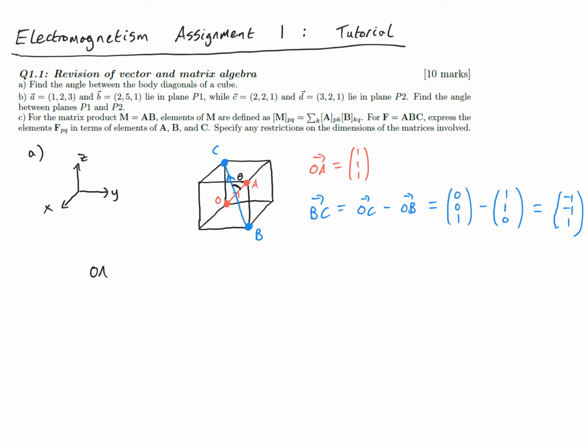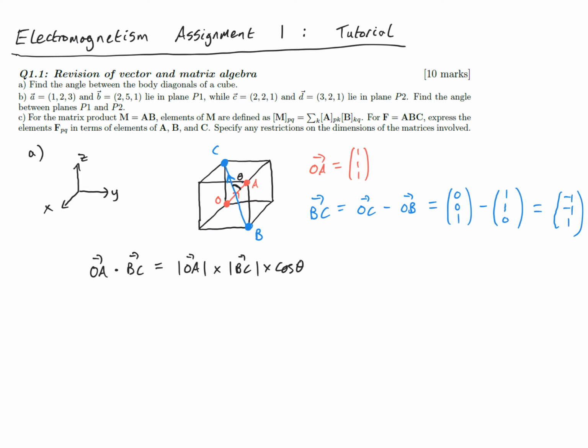So if I take OA, and I dot it into BC, that's equal to the magnitude of OA times the magnitude of BC times cosine of the angle between them, where theta is the one that I've labelled on the diagram. Now there are other angles you could pick in this system but the one we're calculating is theta. So this is why we need to have a diagram to be sure what we're talking about.